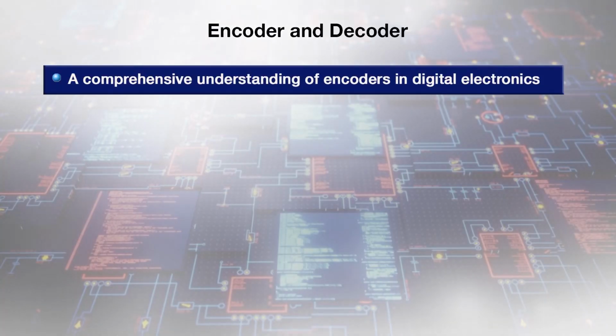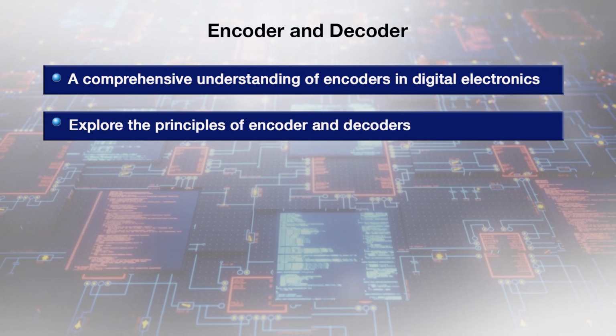But before we dive in, let me outline what we aim to achieve during this session. The aim of this lecture is to provide a comprehensive understanding of encoders in digital electronics.